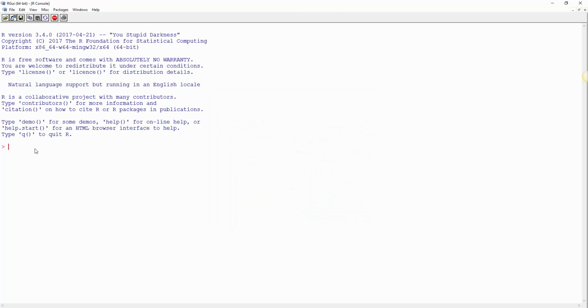Right. So remember, the first thing that we want to do, unless you are typing in your data by hand using the c command, which I've shown you before in a previous video, is set up your working directory. First I always do getwd with parentheses, and this tells me where my working directory currently is.